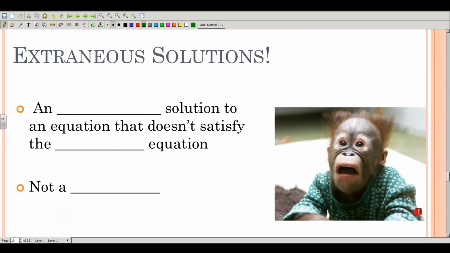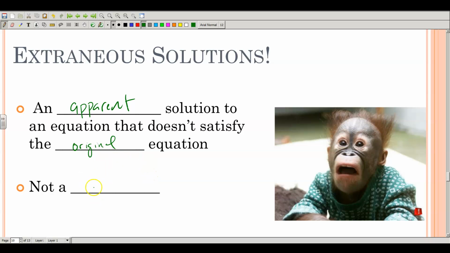All right, so looking at the last type of problem. There are these things called extraneous solutions that we've talked about in other equations that we've solved. An extraneous solution is, I would call it, an apparent solution to an equation that doesn't satisfy the original equation. And at the end of the day, it's just not a solution.